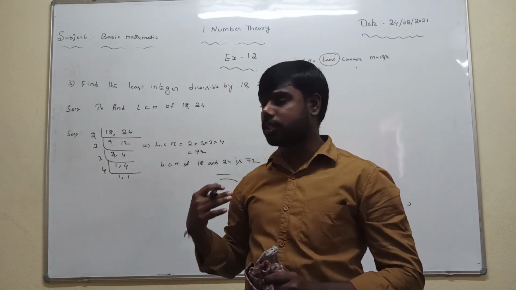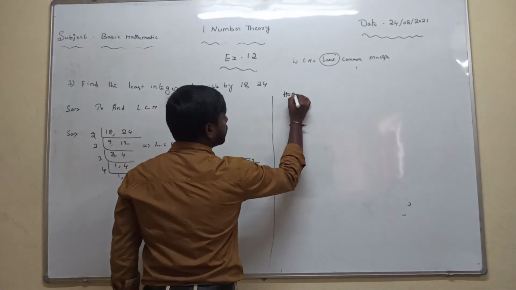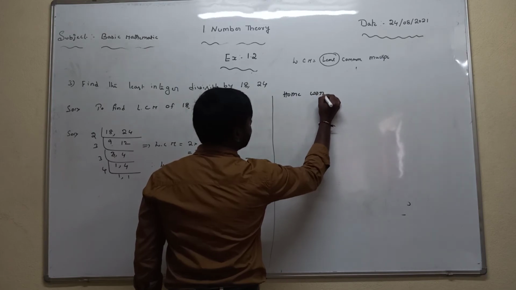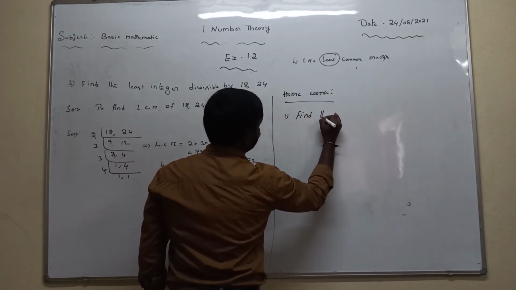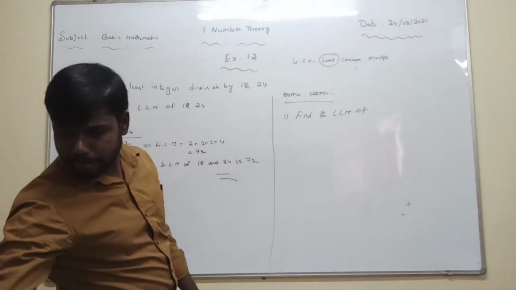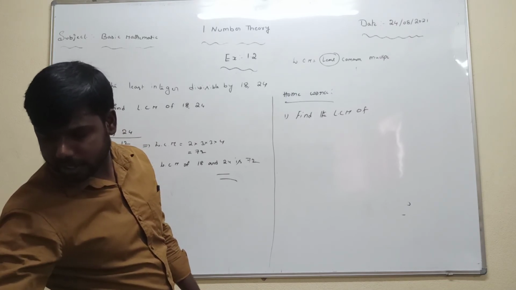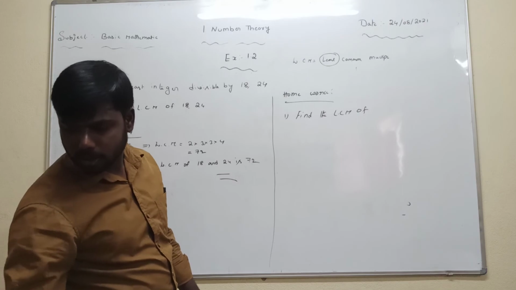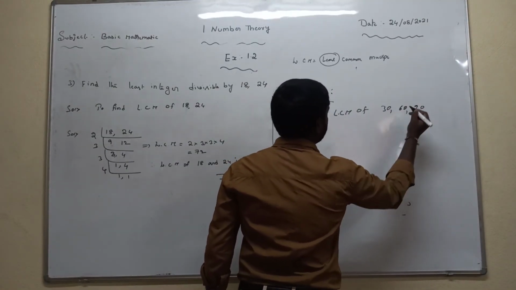I think everyone understands the question. I will give you some homework problems. Once you try these questions, homework. Find the LCM of 36 comma 40 comma 48. Find the LCM of 30 comma 60 comma 90.